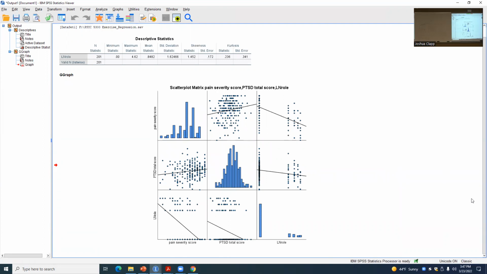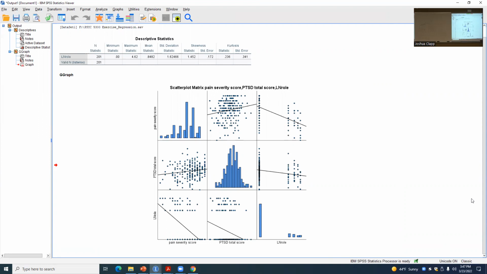All right. So based on this, do we have any concerns with linearity between any of our variables? Do we have anything in here that's looking obviously nonlinear? Nope. So we're pretty good on that front. What about heteroscedasticity?